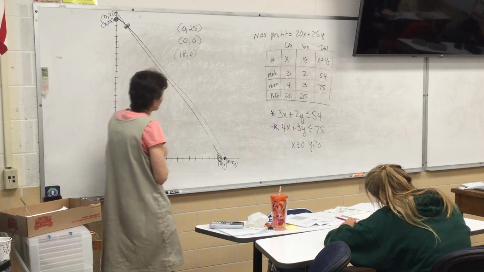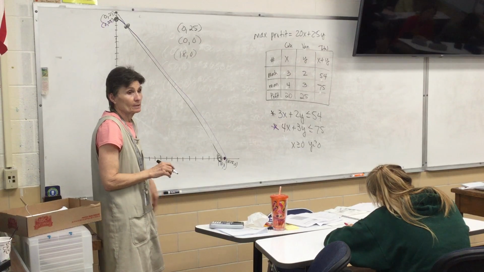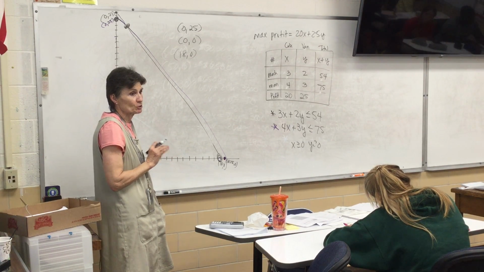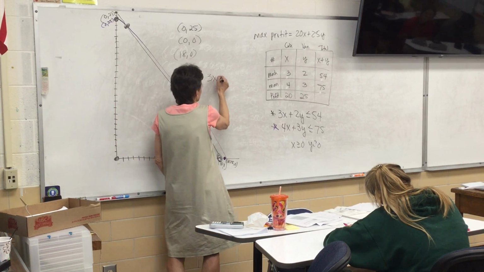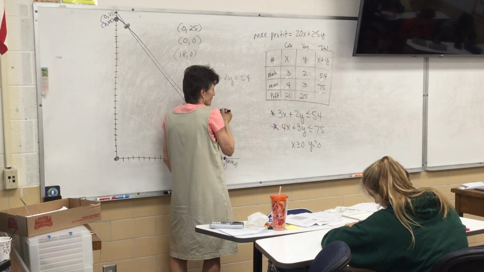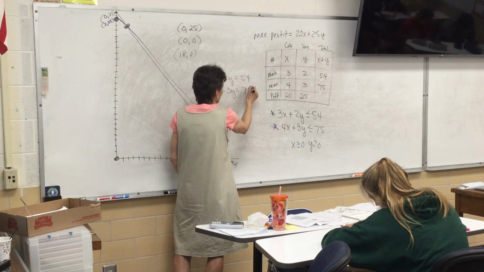All right, so how are you gonna find that missing point? My picture is terrible for that, so I need algebra. What am I gonna do? 3x plus 2y equals 54, and 4x plus 3y equals 75.